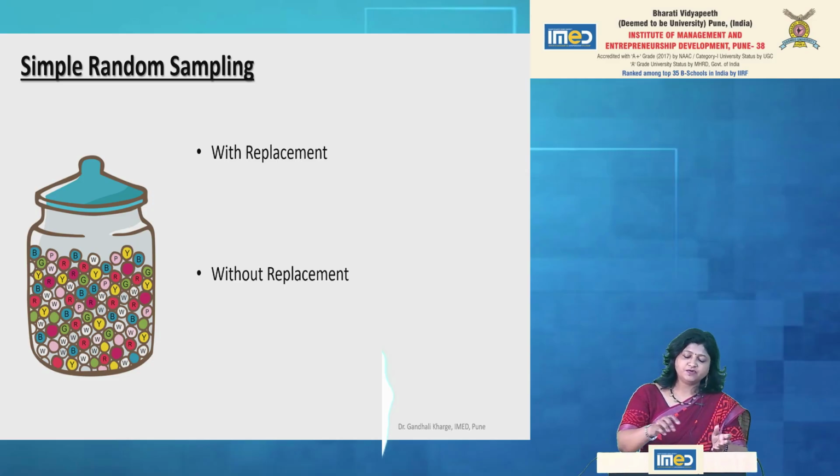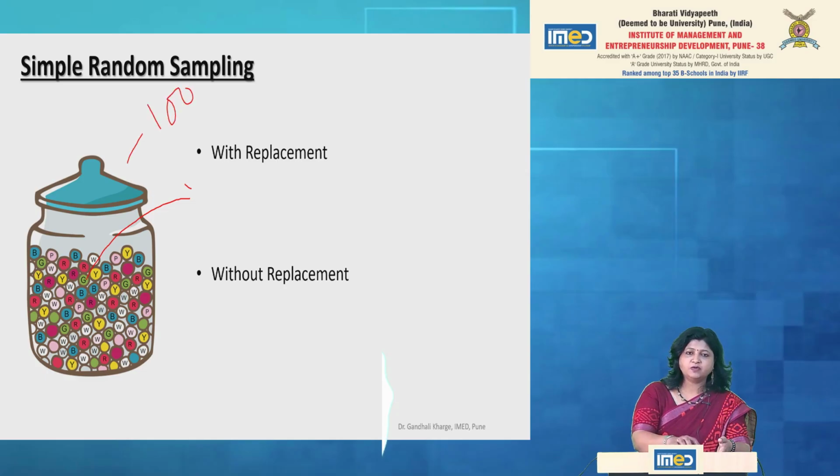When we think about random sampling, there are 2 types: with replacement and without replacement. Here we are observing one jar. Suppose I want to get respondents from this jar, where the balls are of different colors, and I want to choose a particular ball. Suppose there are 100 balls.